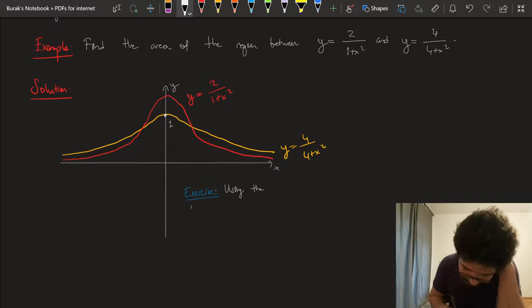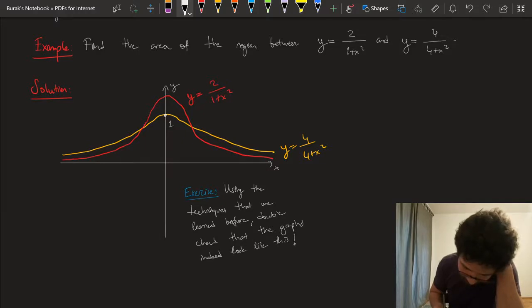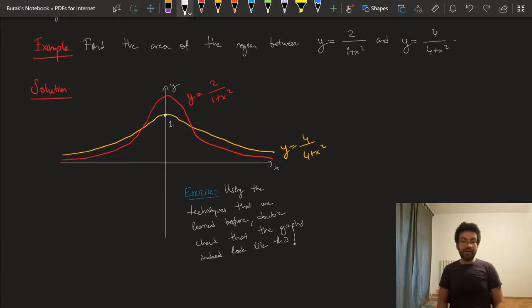Using the techniques that we learned before, double check that the graphs actually look like this.